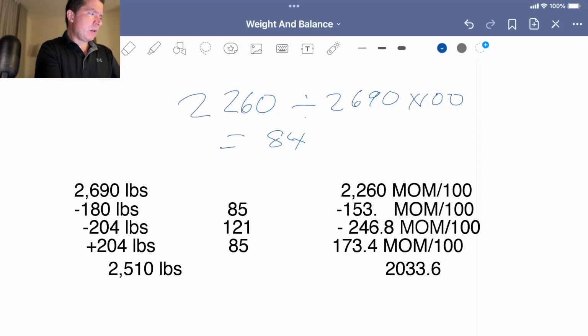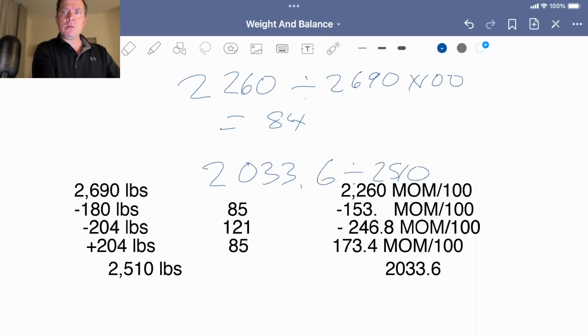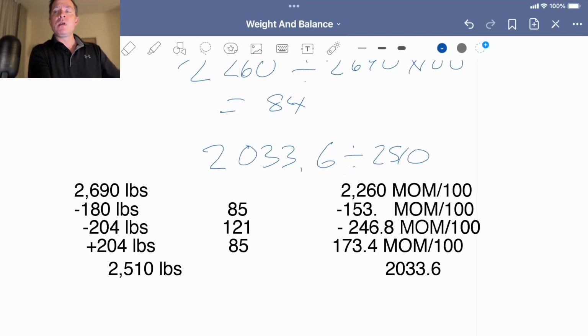The new moment is 2033.6 divided by 2,510. Now it's a little bit wonky there, and slide that up. All right. So that will give you a center of gravity of 81.